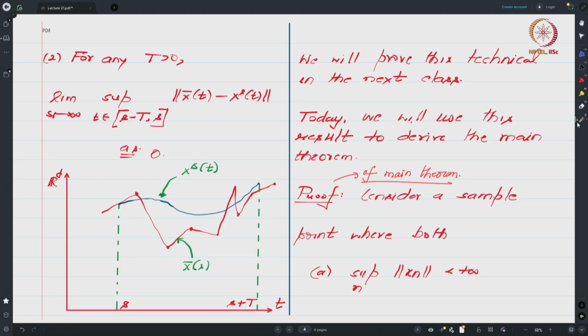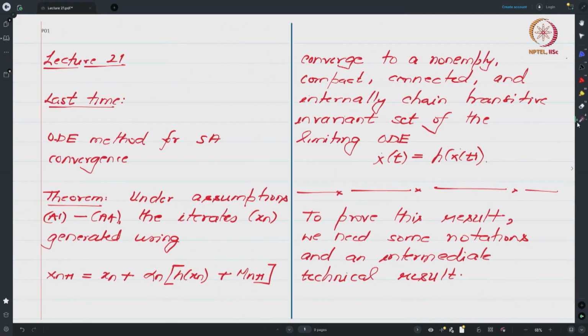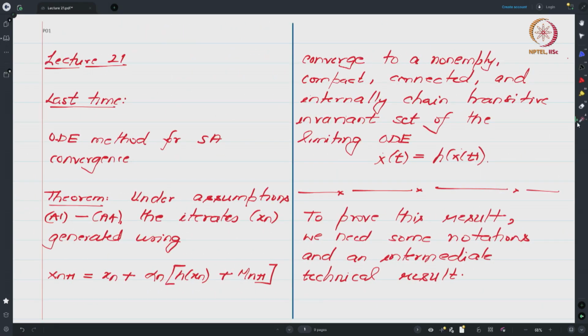So, we have to show that almost surely the iterates, okay, so I think I did not emphasize this, I should emphasize that they almost surely converge to such an invariant set of the limiting ODE.